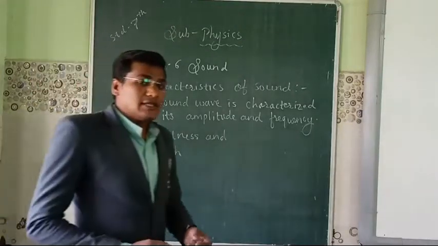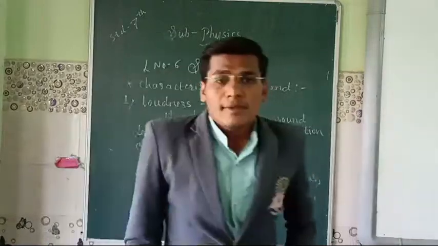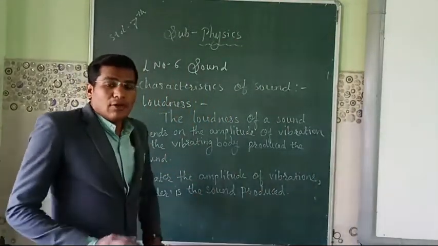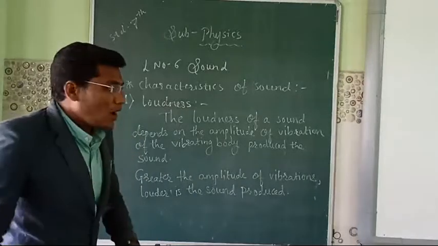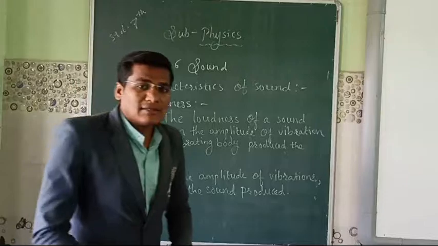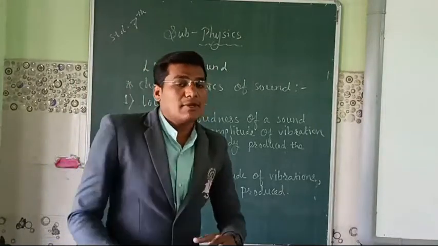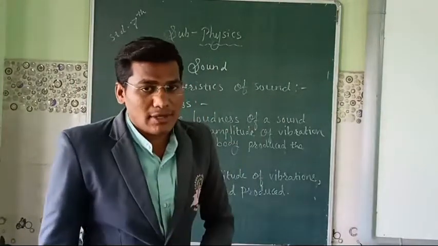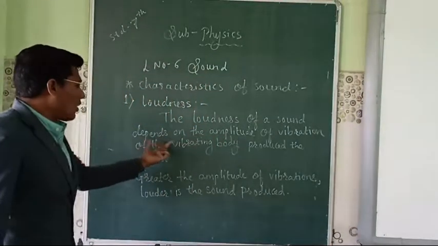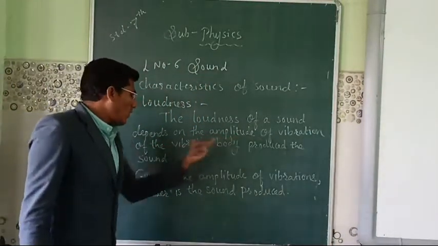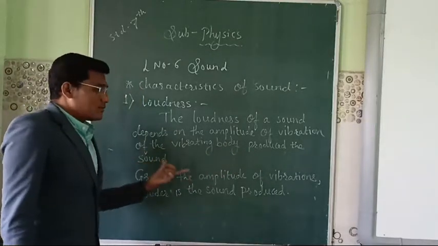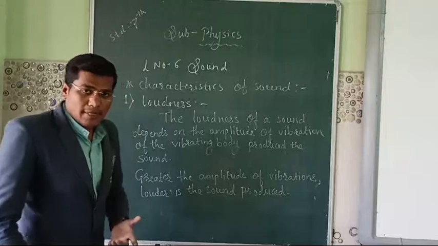So we will see the first one, loudness. The loudness of the sound depends on its amplitude. It means that the more the amplitude, the more the loudness of that particular sound. The loudness depends on the amplitude of vibrations of the vibrating body that produces the sound.